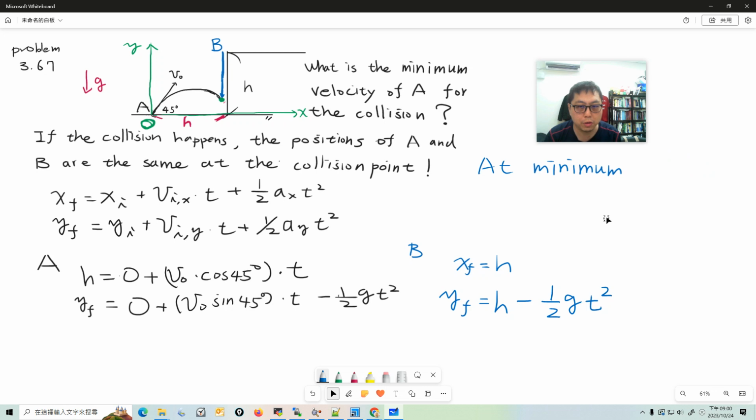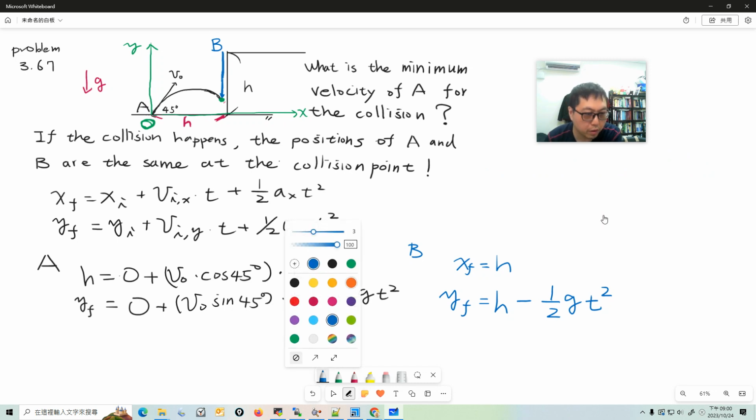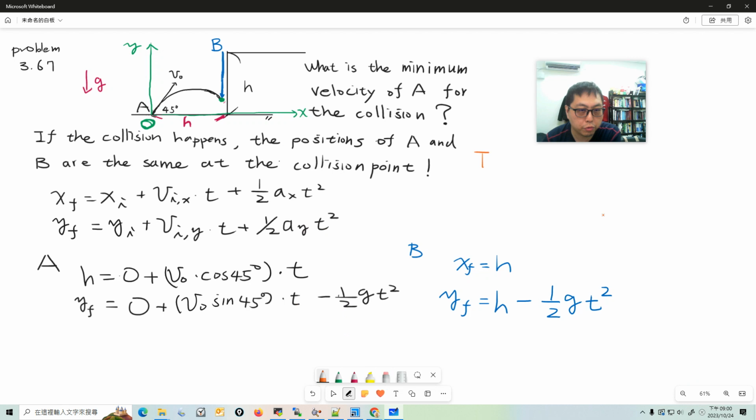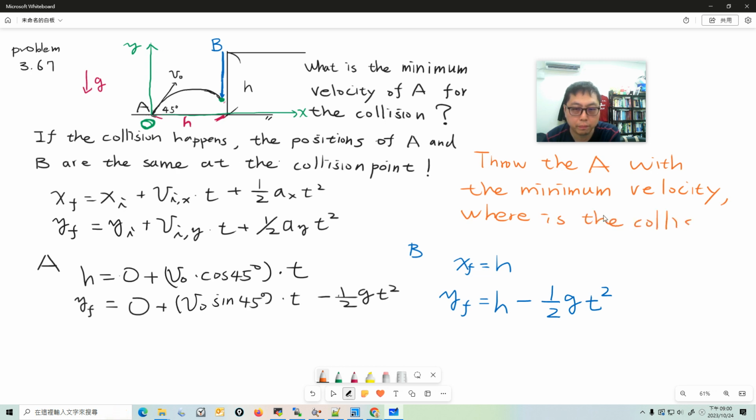If I really throw the object A with the minimum velocity, where is the collision point?